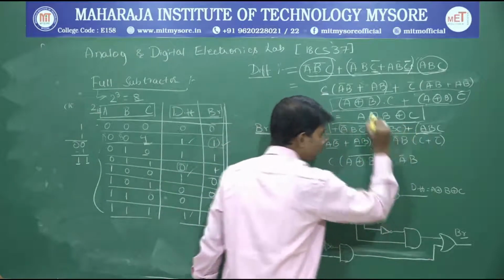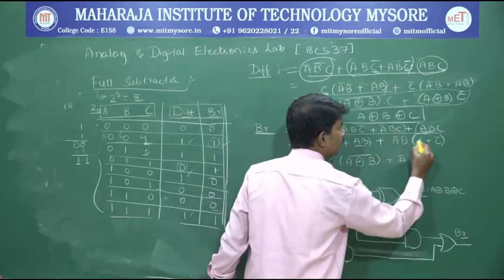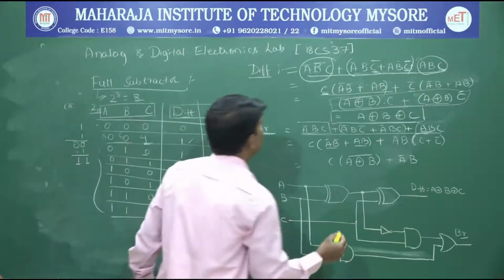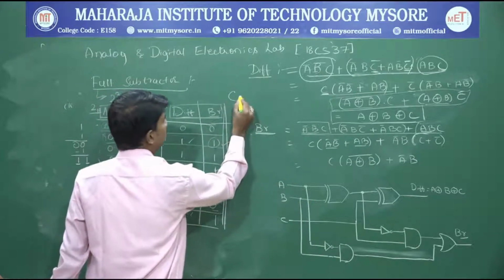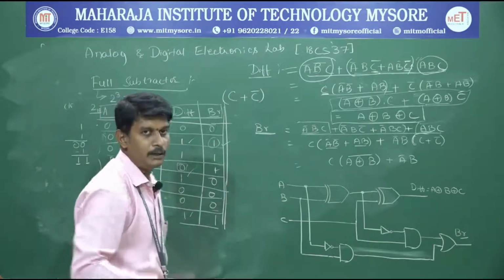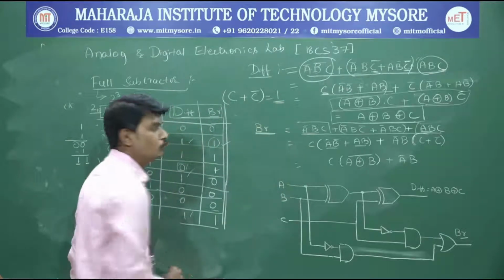Again, from these two, A bar B is common, so I can write C plus C bar, and we know that any variable added with its complement always results in 1.